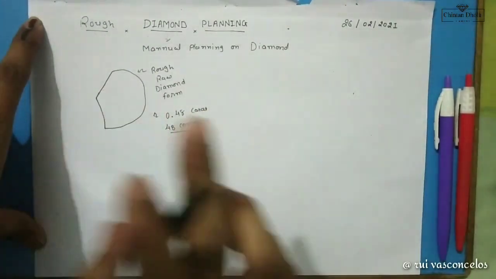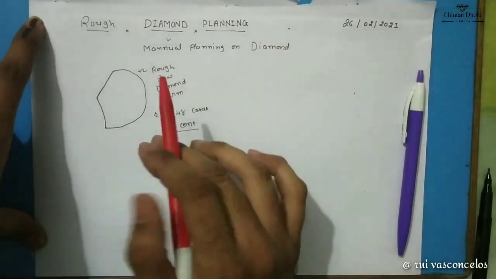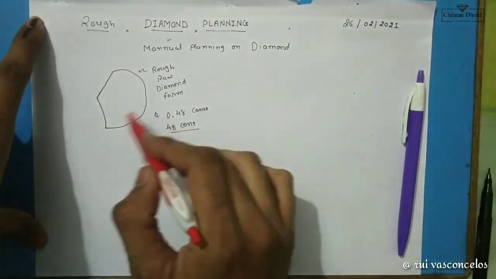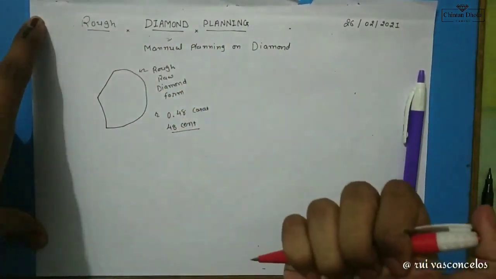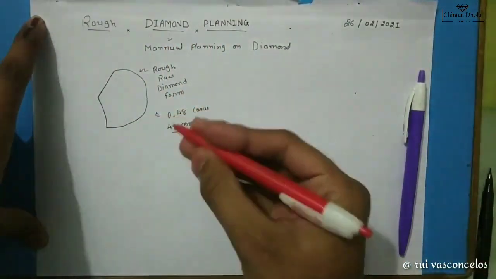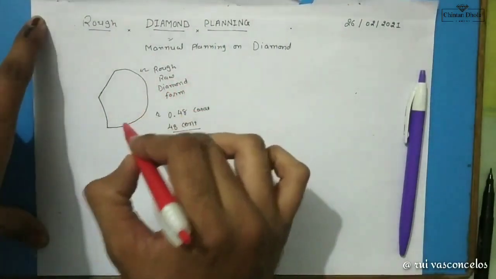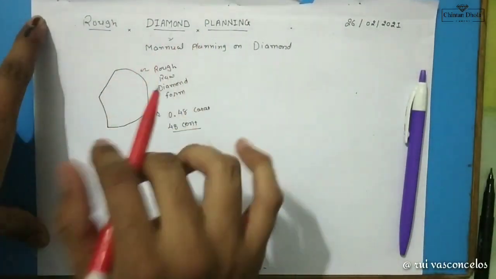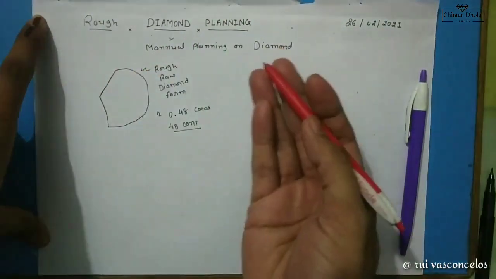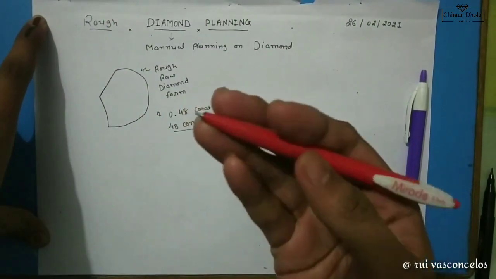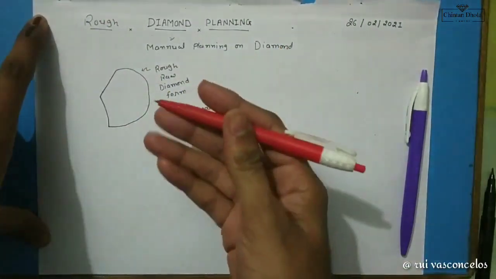We don't know the exact color of that diamond, because only after cutting, when the whole planning is completed, can we decide the actual color. We never decide earlier, so we have to cut it out. After that we will decide the exact color and the exact clarity we can get from this diamond.